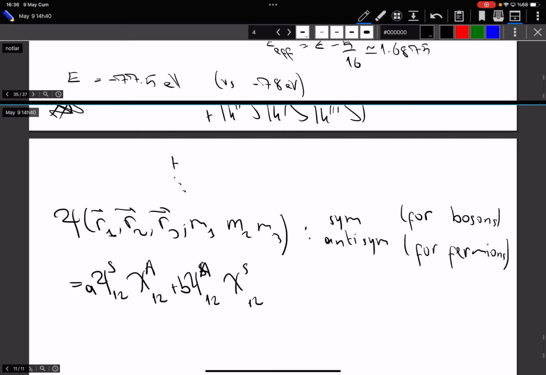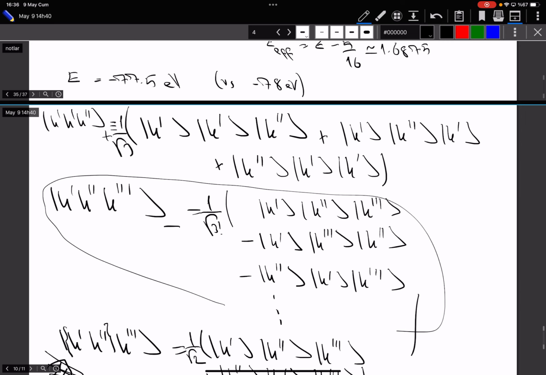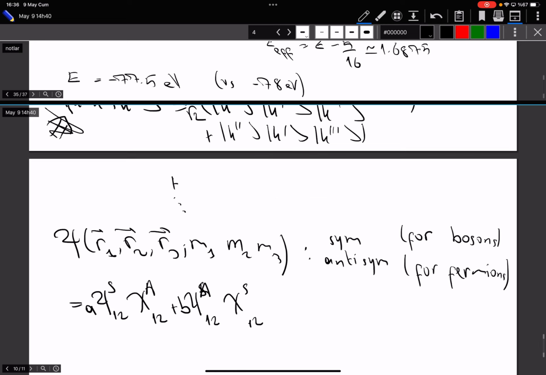But you can choose the coefficients a and b so that they will be anti-symmetric also under the exchange of 1 and 3. And then, of course, already in 3 particles, I'm just being too lazy to write them down. If you have more than 3 particles, well, things start to get more complicated.